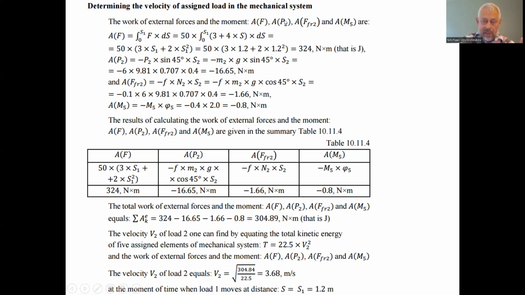This is a force, it's acting, but all these works are with a negative sign because they all resist the motion of the mechanical system. Only the first force acts for the motion of the mechanical system with the definite magnitude of the work 325 N by m, the force applied to the first weightless load.